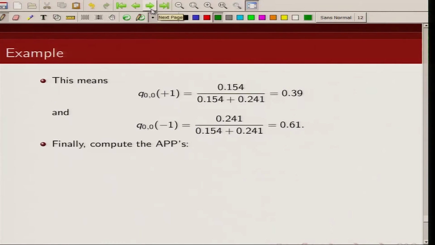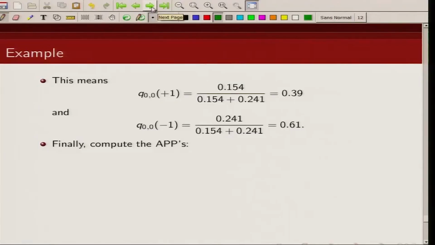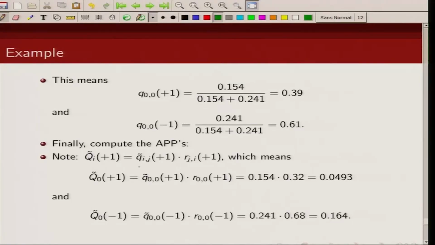And next thing, finally, after we have computed one round of iteration, what is one round of iteration? You send these Qij's to the check node, then the check node gives you back Rij's, you update your Qij's, and once you do that, you can then find out the a posteriori probability, which we have done here.